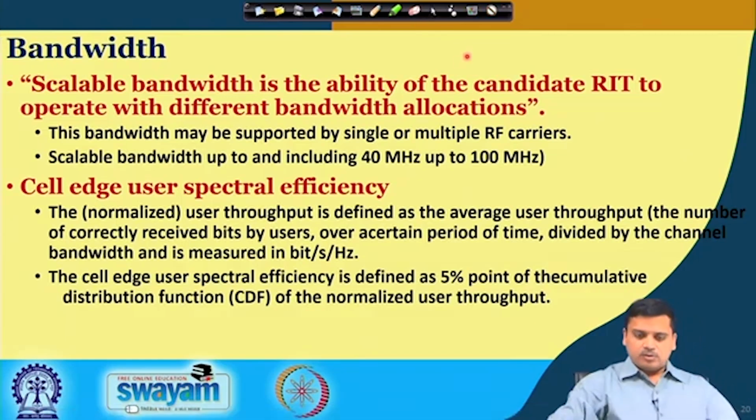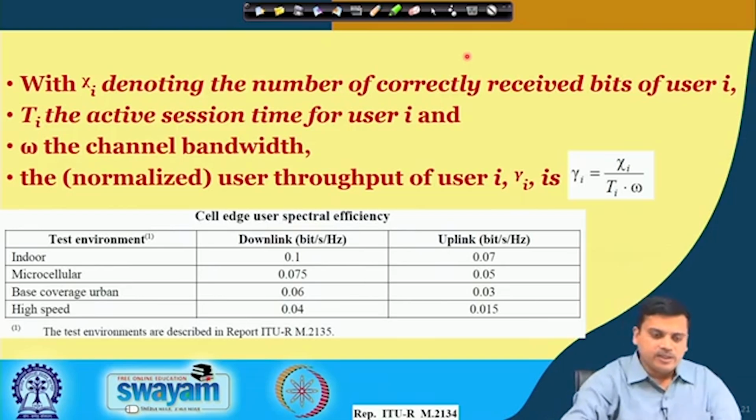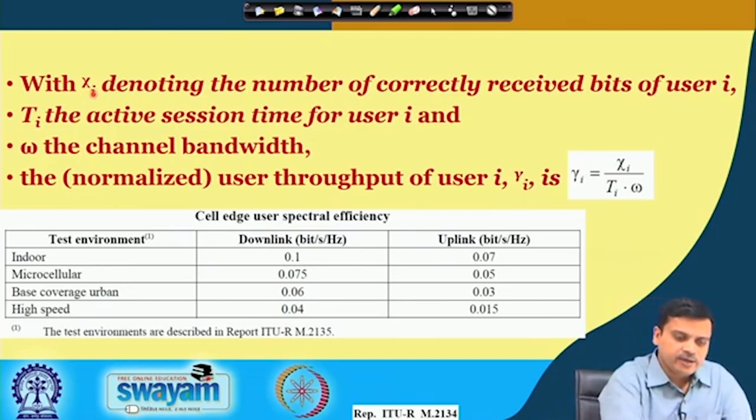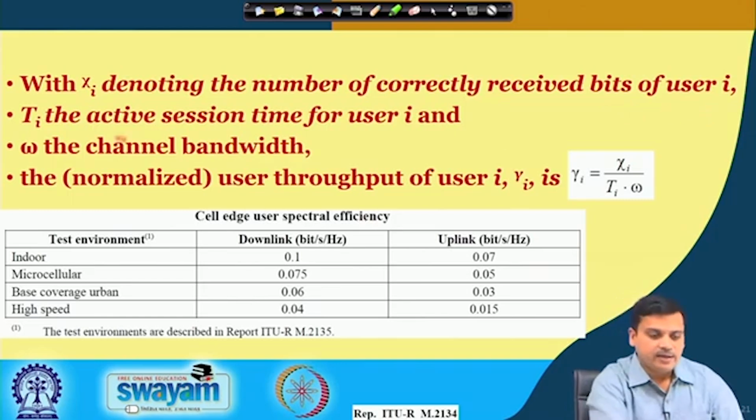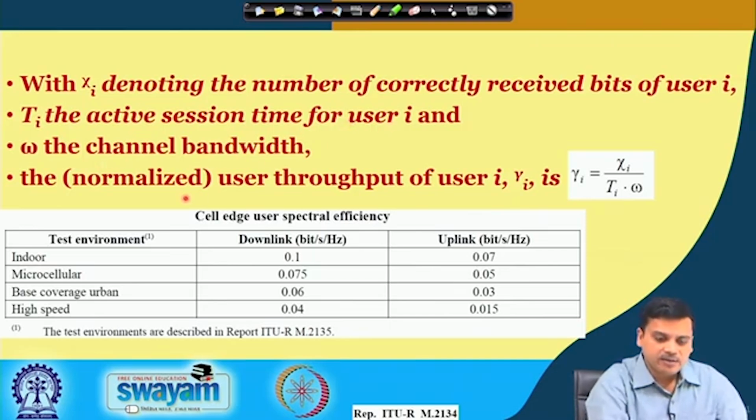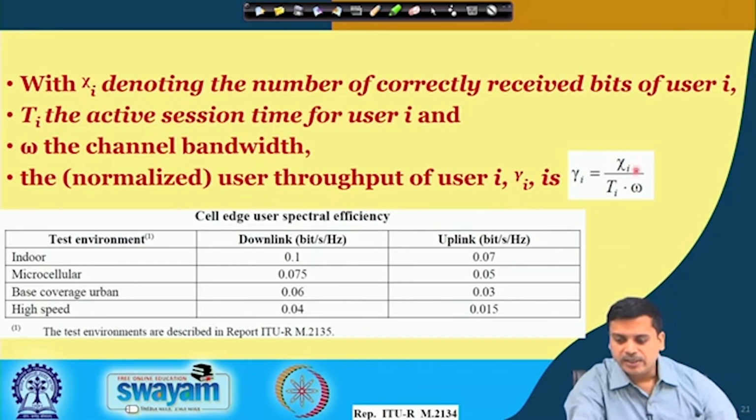Okay. So, moving forward, if we define x_i as the number of correctly received bits of user i, and T_i the active session time, because we had divided by time for user i, and W the bandwidth of the channel, then the normalized user throughput is x_i, that is the number of bits received correctly, divided by the time and the bandwidth.